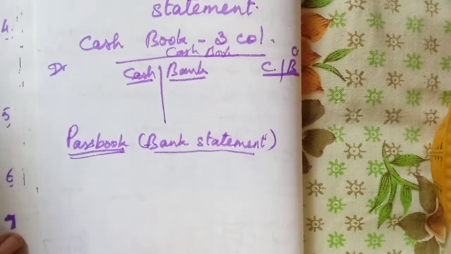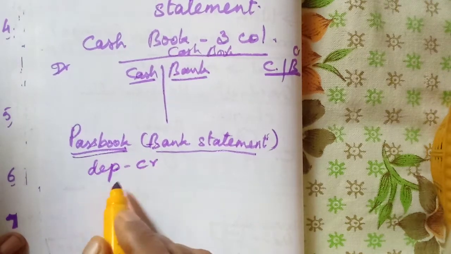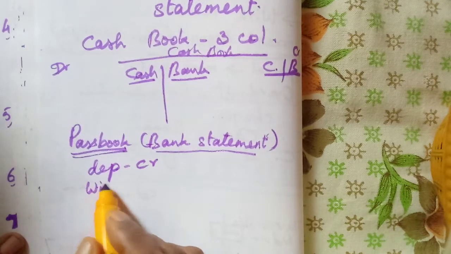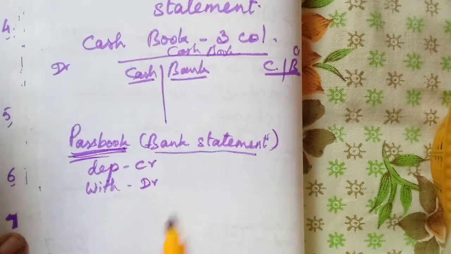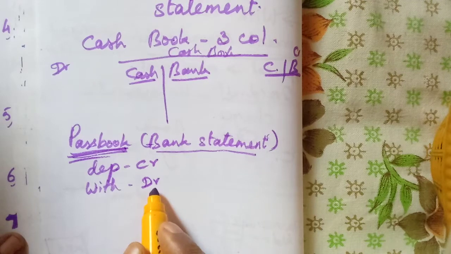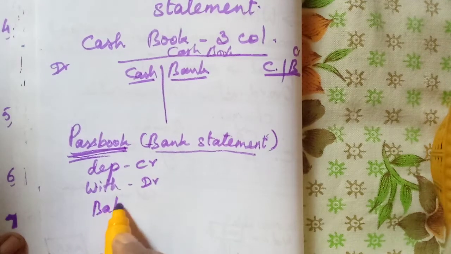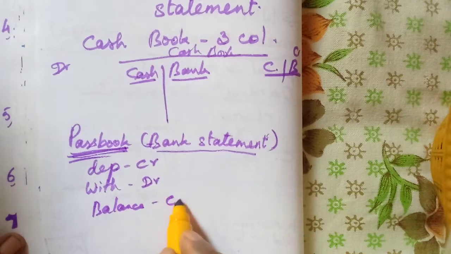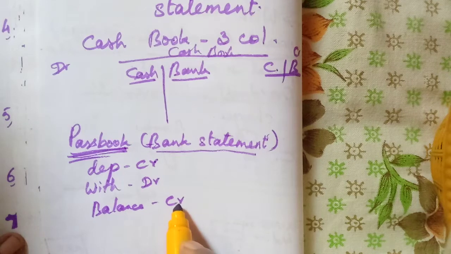If we deposit, they will credit. If we withdraw an amount, they will debit the passbook. Then the balance will be shown. If the deposit is more, it will show a credit balance.